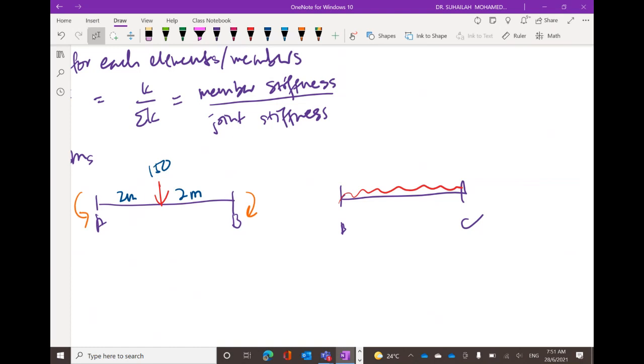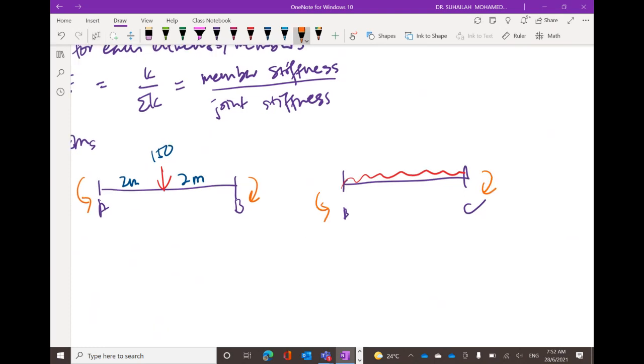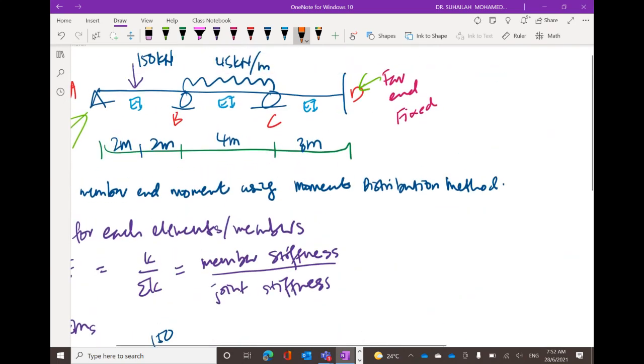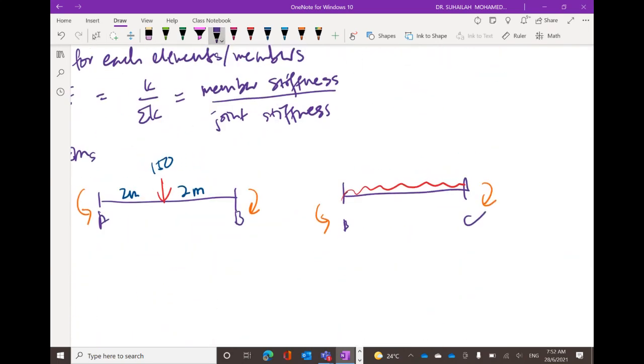Later on I will show you what if we consider the far end condition in calculating the fixed end moment, and then we will compare the result. So this is fixed end moment, also fixed end moment for UDL. For UDL, we have here 45 kilonewton per meter and 4 meter.